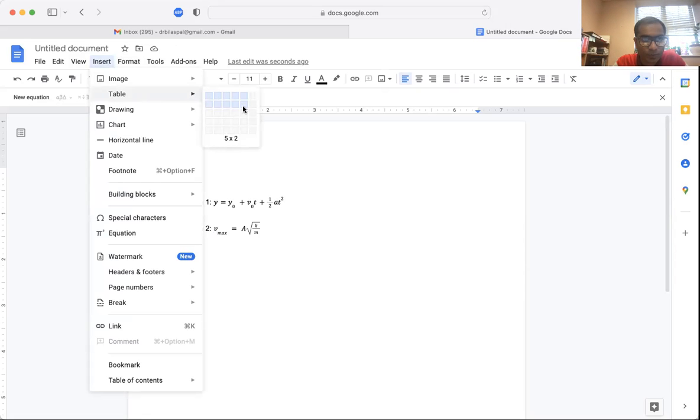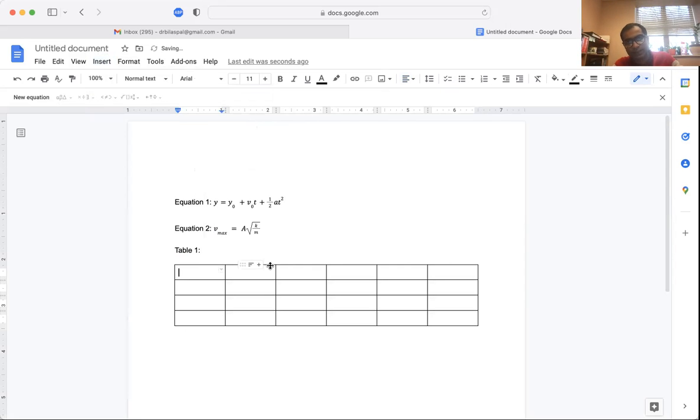Here you have the option to choose how many columns or rows you want. For example, if you need just 3 by 2, you just choose 3 by 2. If you need more, you can just do this, and create a table. You see that it's so easy.